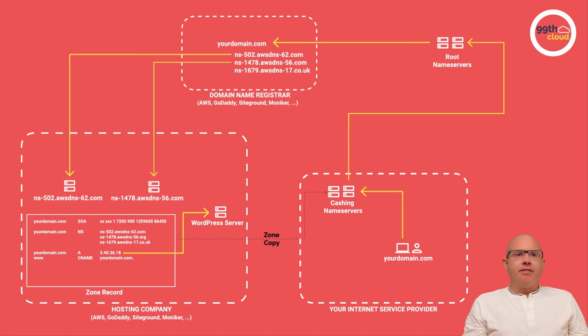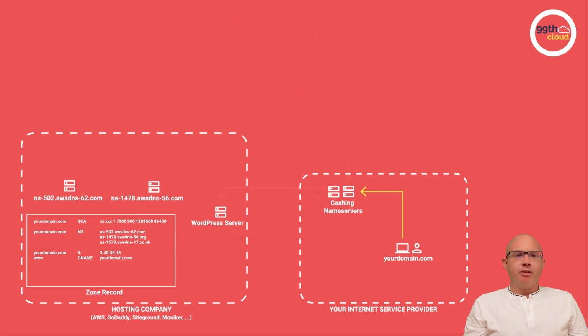So if you request this website again, the name servers of your ISP will be able to delegate the request onto the right web server directly without actually asking the root servers where the zone is located, because they now have a local copy of this zone. And this means you will have a faster speed to load the website.